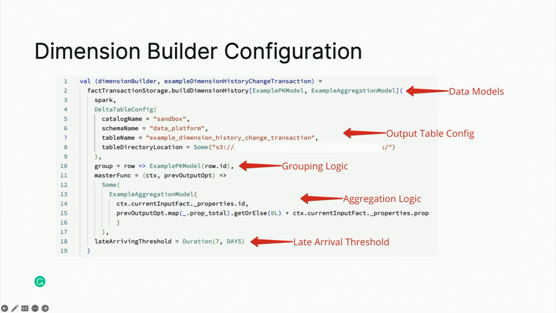A developer needs to build these configurations, plug them into the builder, and the whole thing will work end to end. And the last config that I missed is the late arriving threshold. We only accept late data for a certain time window because we don't want our pipelines to memorize these forever.